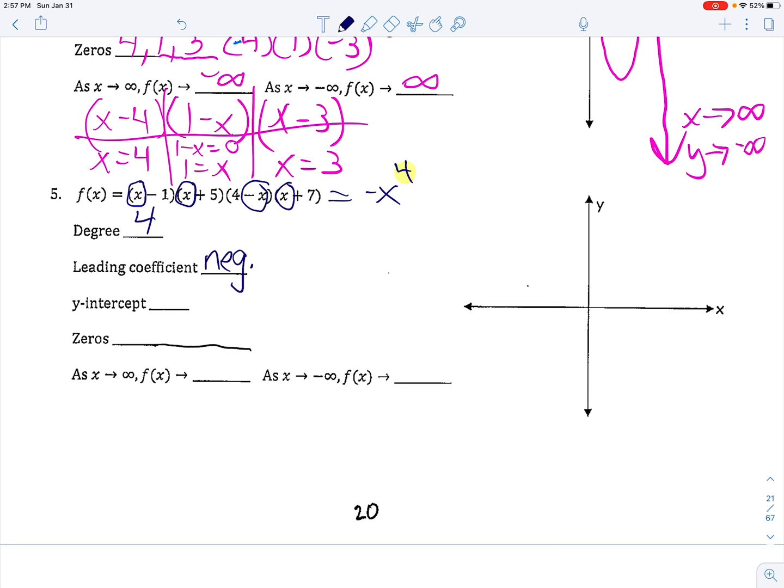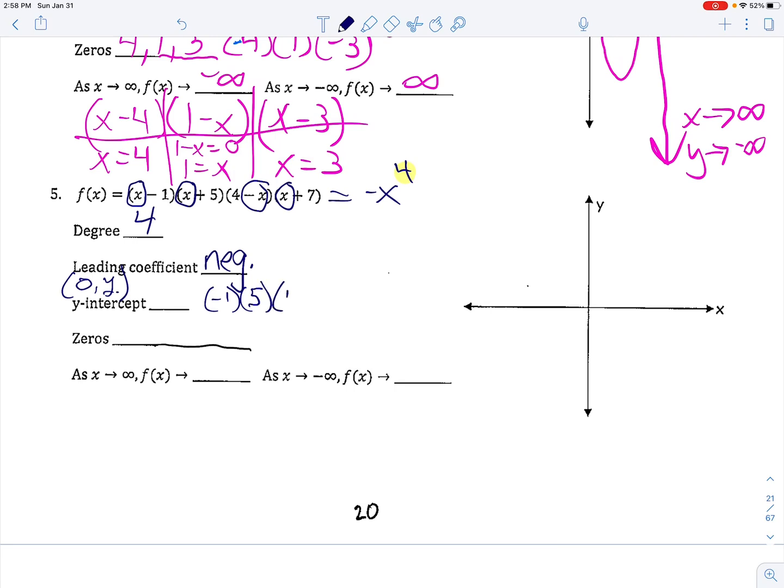All right, the y-intercept here. Remember, we know the x is 0. The y-intercept is a point on the y-axis, and that has an x value of 0. So we're going to put in 0 for x.